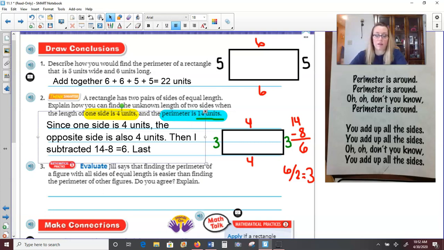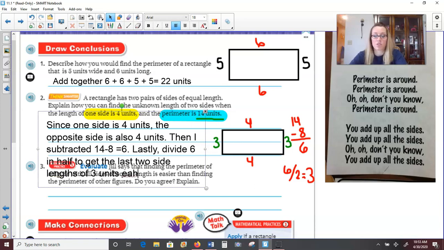Okay, and then lastly, divide 6 in half to get the last two side lengths of 3 units.